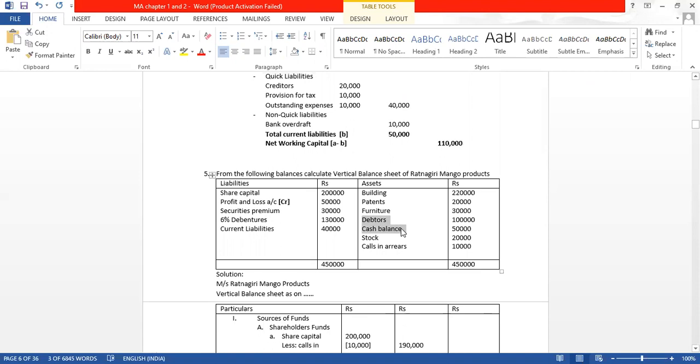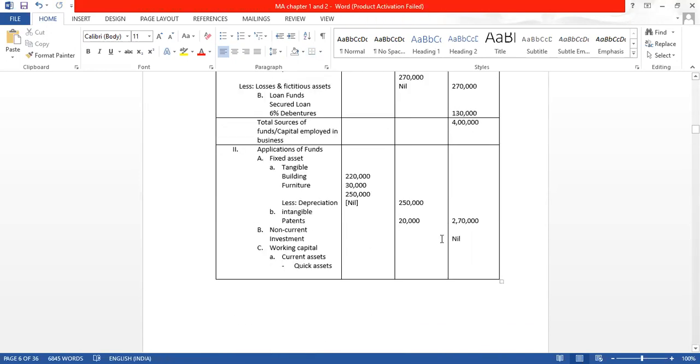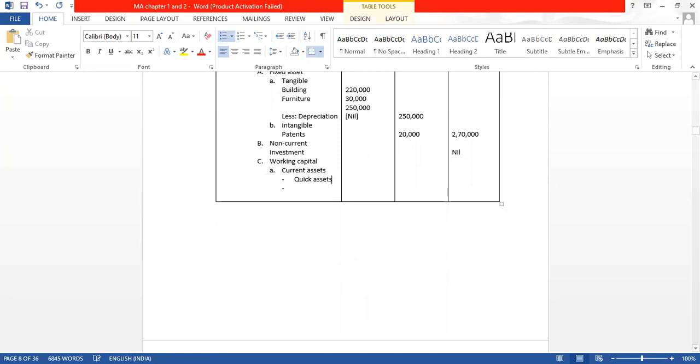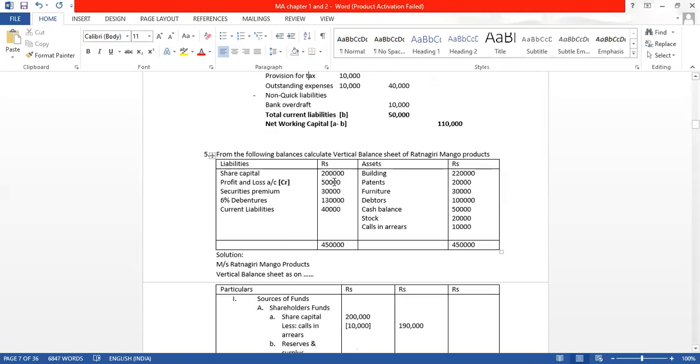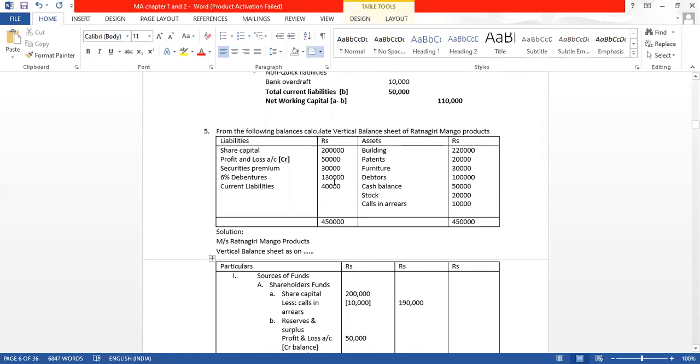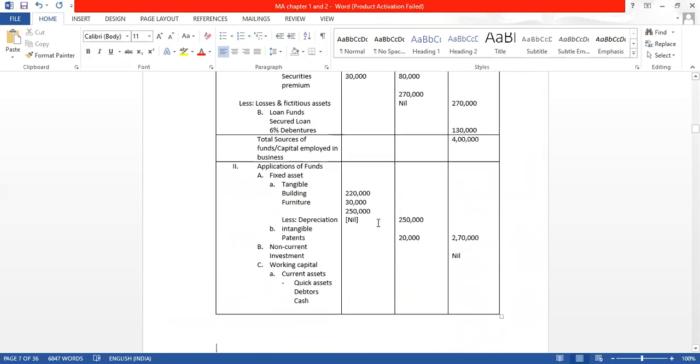So we write debtor and cash balance amount is 1,50,000. So let us write here 1,50,000.